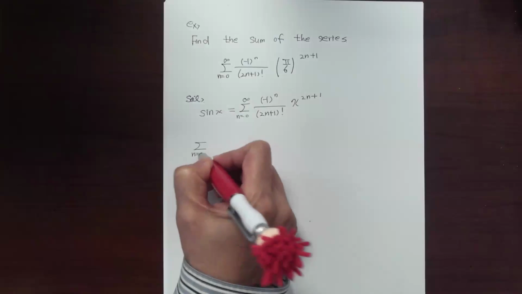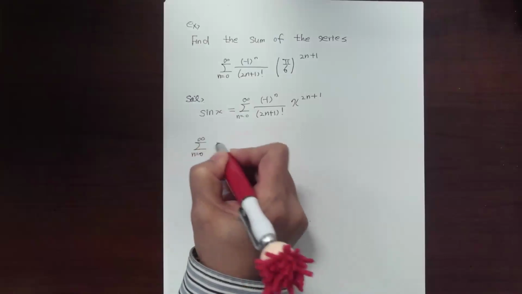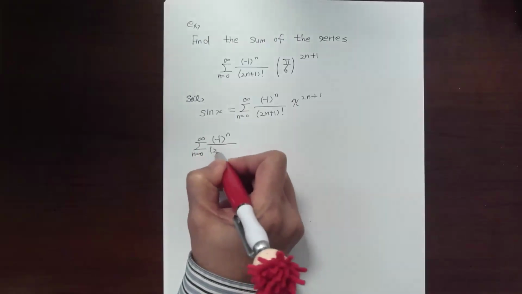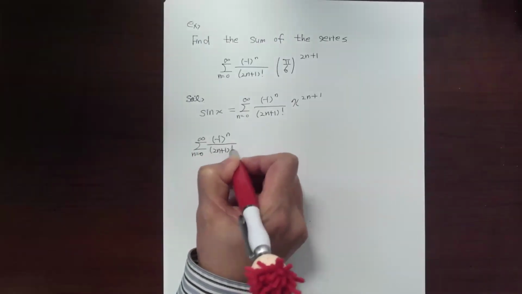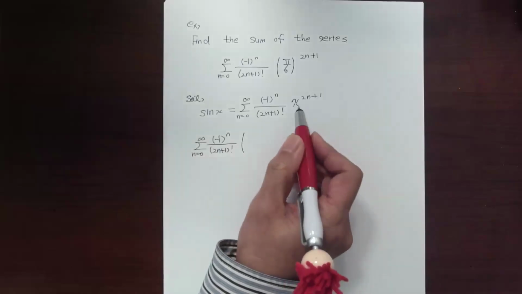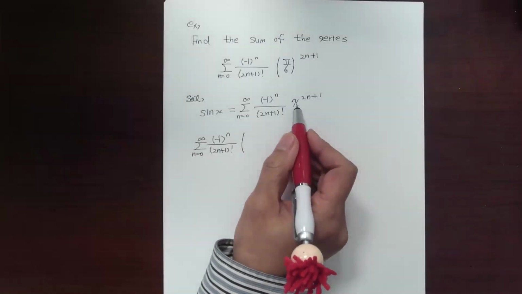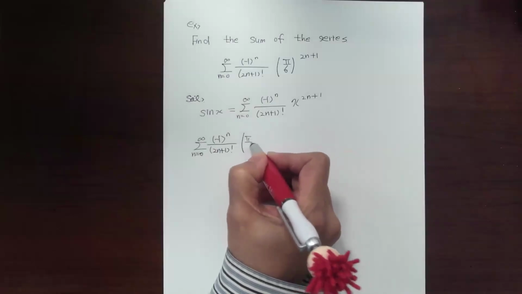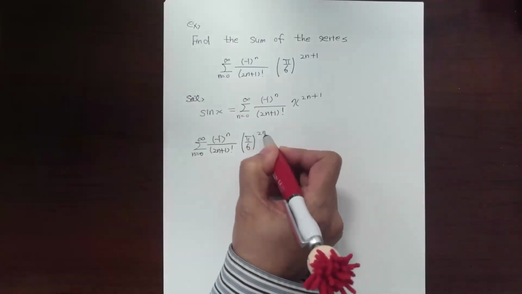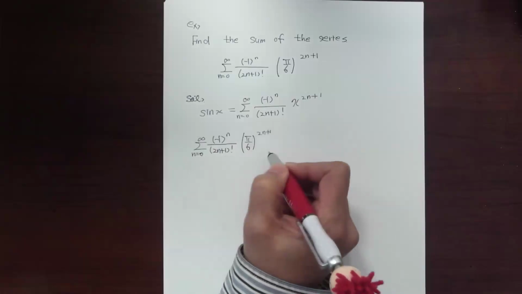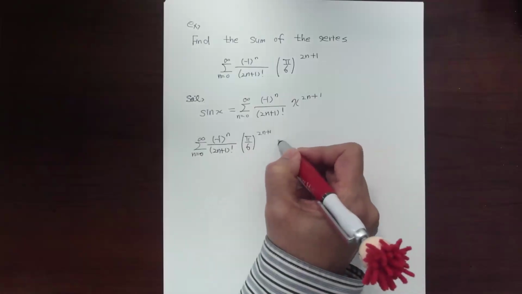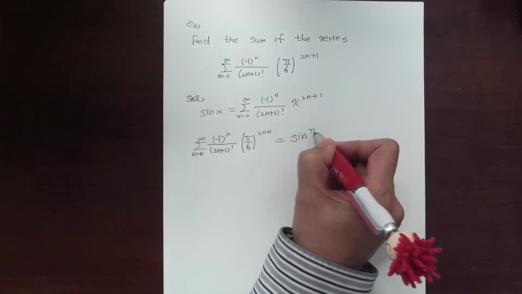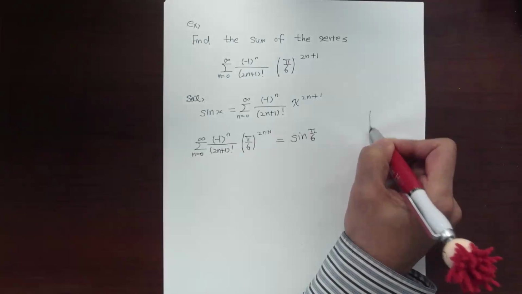Summation n equals 0 to infinity -1 to the n power over 2n plus 1 factorial times x, where x is just any number. So replace that by pi over 6 to the 2n plus 1. Then this series is indeed sine of pi over 6.